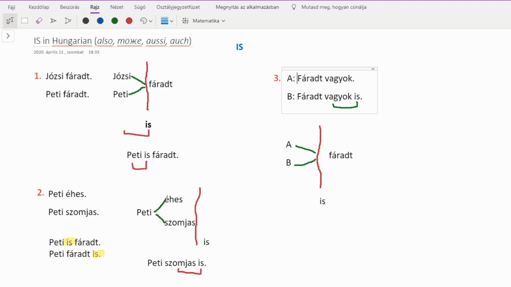So what we can do here is that even if the A person didn't use a personal pronoun, it would be én fáradt vagyok. The second person could, of course, say the same thing.